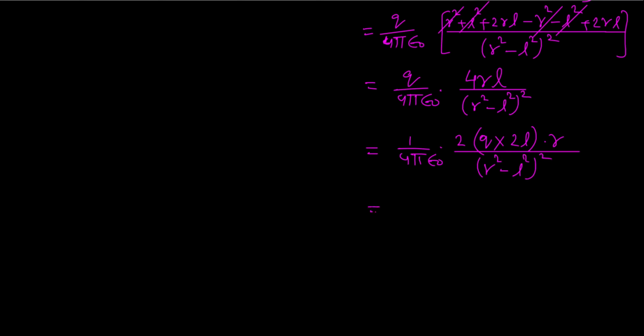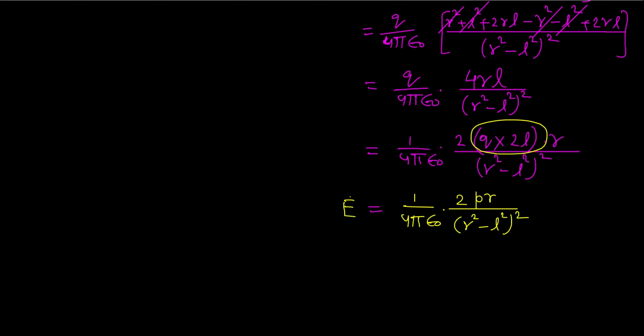And I hope you would have understood why I have written the numerator like this, because this q into 2l, I am going to write that as the dipole moment. So this will now become 1 upon 4 pi epsilon naught 2 p r divided by r square minus l square whole square.